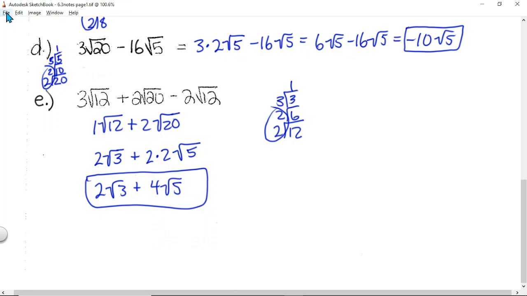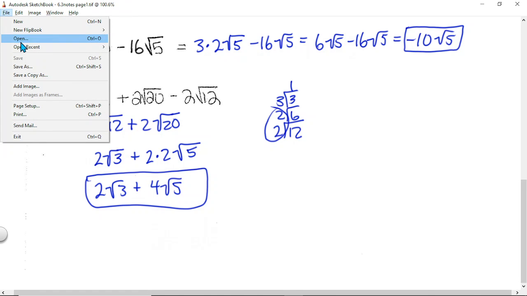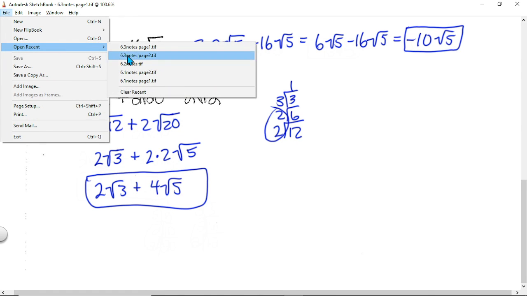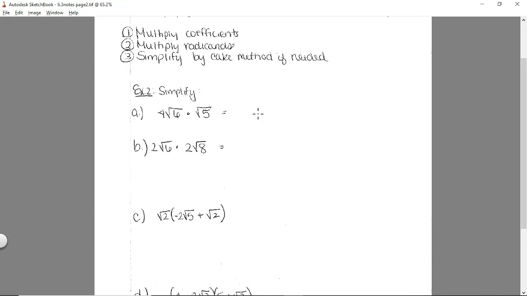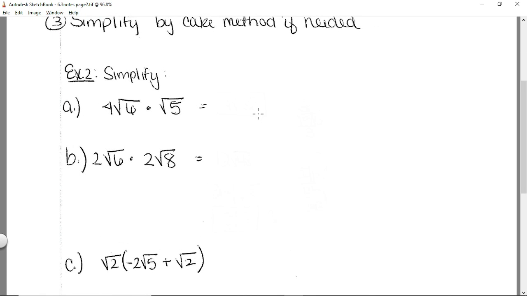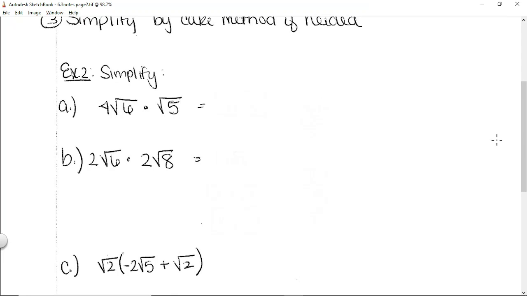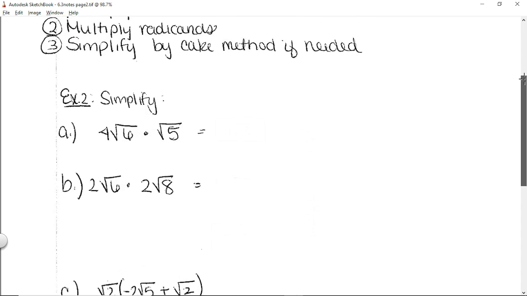And now we'll look at the multiplication. And we have the rules here for doing multiplication.